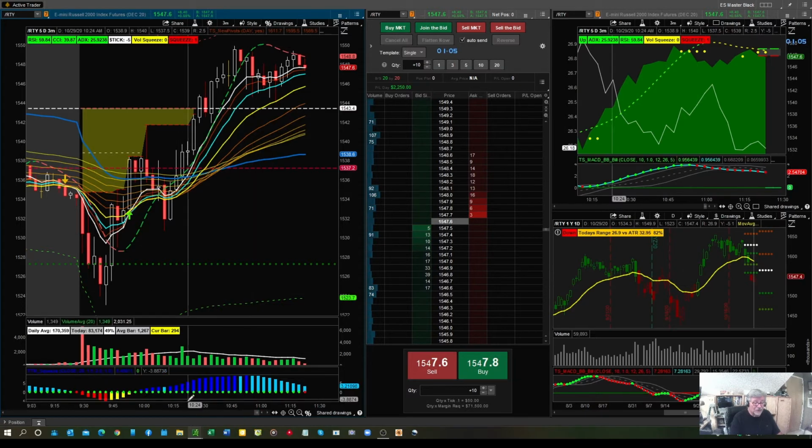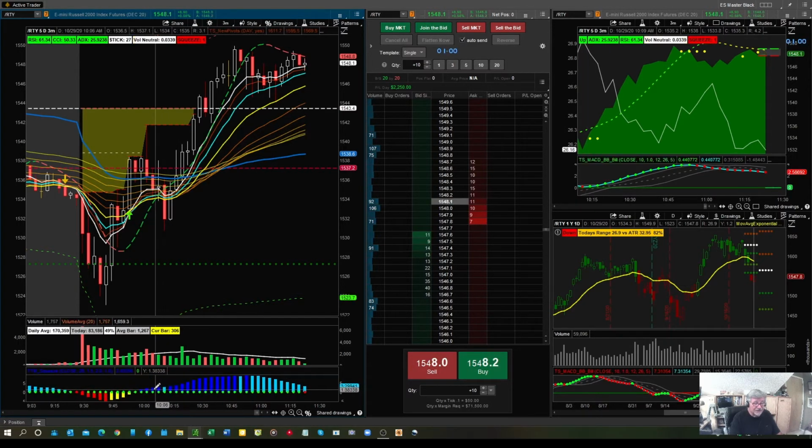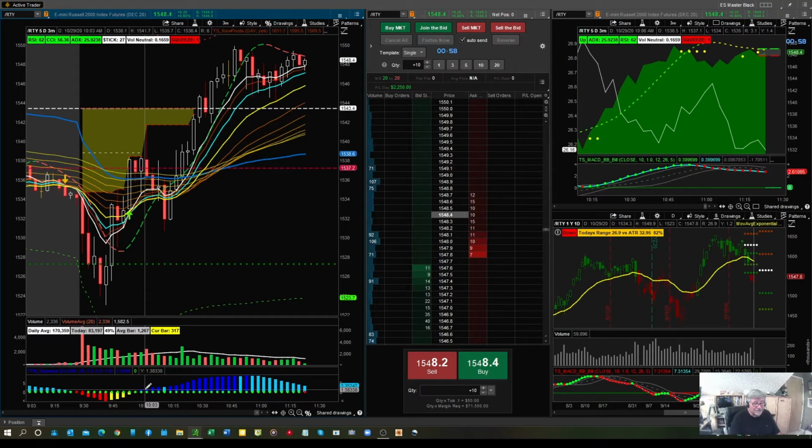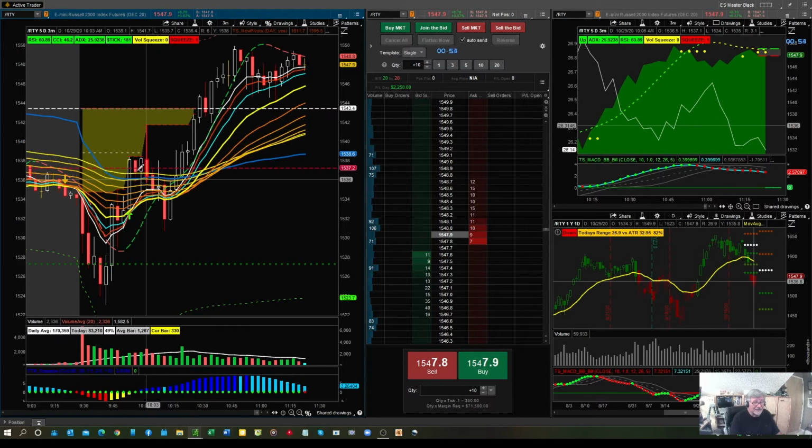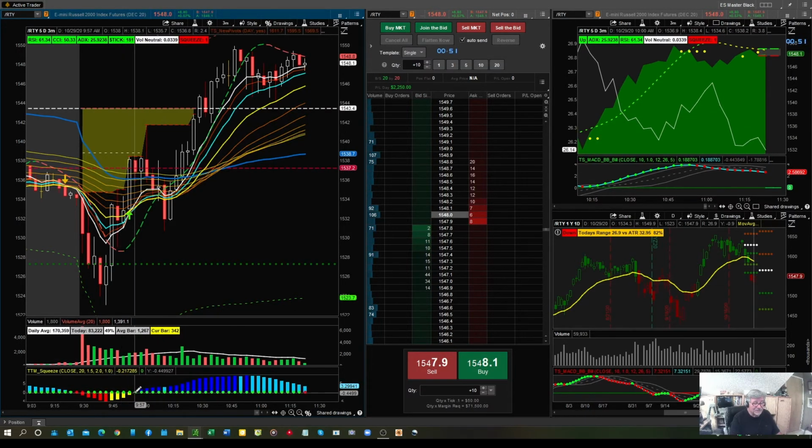The strength of the histogram is also important. You can see here you started to get some bullish momentum showing on the squeeze, but we didn't get much action. Well, that's because we really didn't burst out of anything.